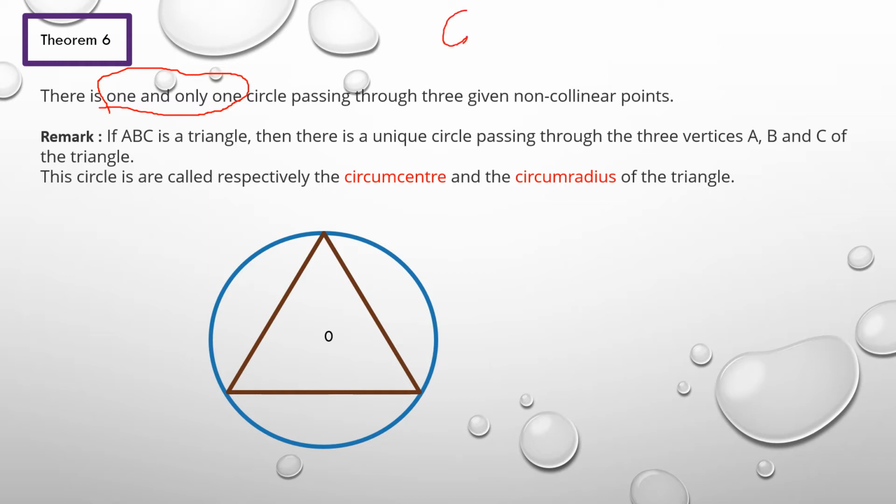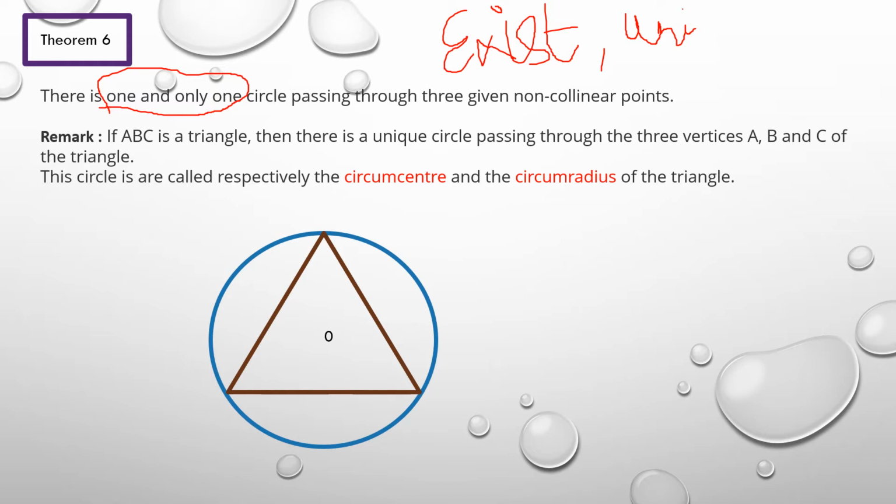Two things are there. One is existence, that this kind of circle will exist, and the other is uniqueness. Uniqueness means no other circle will be there.